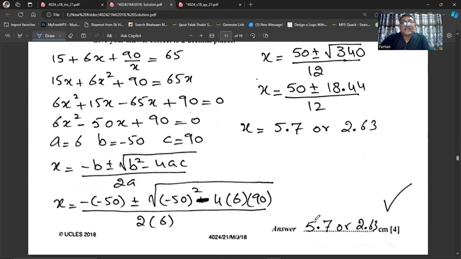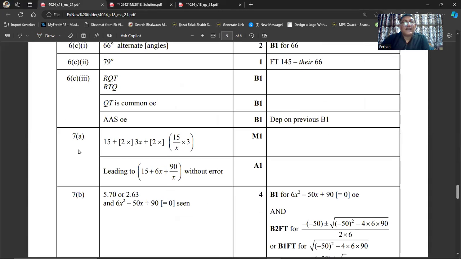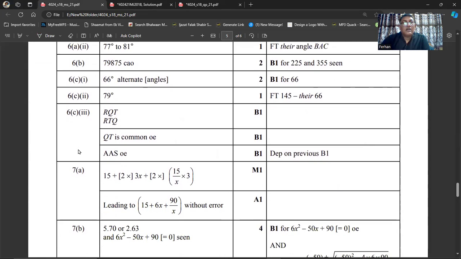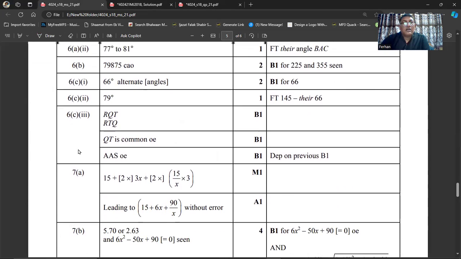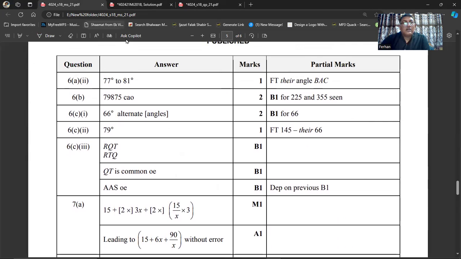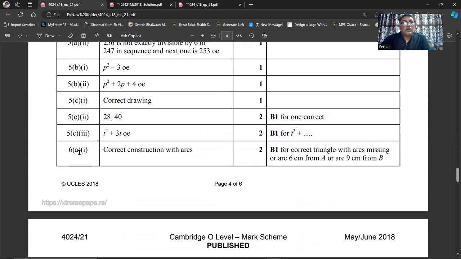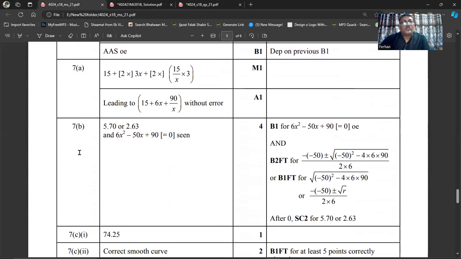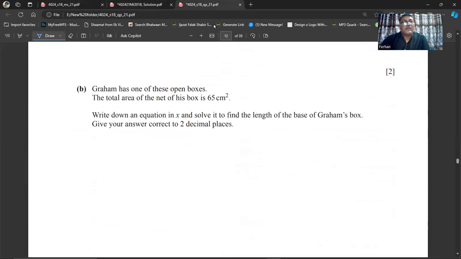So these are the possible values, 5.7 and 2.63.